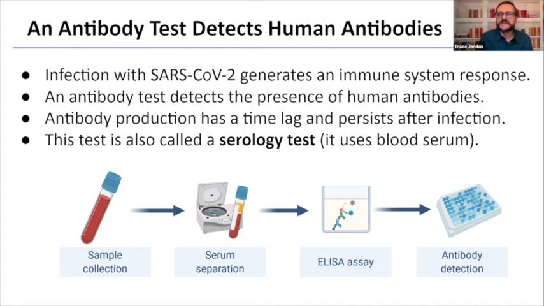Different antibodies rise over a period of weeks in response to infection by SARS-CoV-2. This test is also called a serology test because it uses blood serum, and it can be used to see if someone has been exposed to the virus and whether there are antibodies in the blood serum that have been generated in response to that exposure.